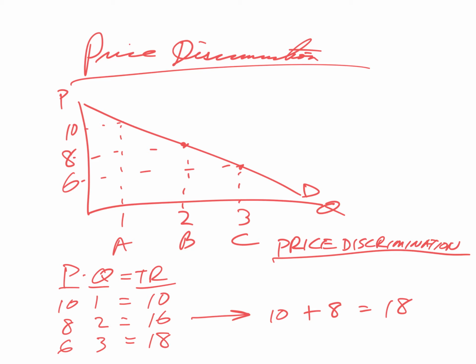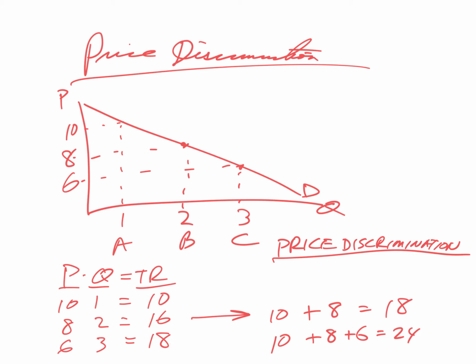Now, if they can do that again, charge A 10, B 8, and person C 6, instead of lowering the price to 6 and charging all three $6, well, total revenue is now up to 24, where before it was only 18.